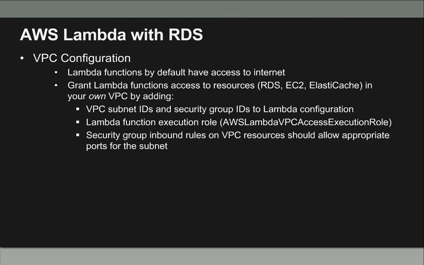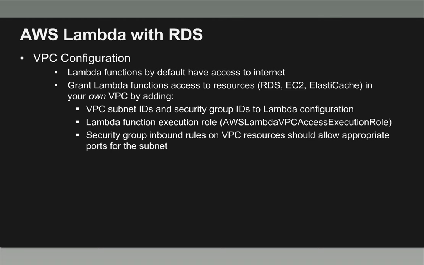However, when Lambda needs to talk to resources within your VPC, let's say, for example, an RDS database, EC2 instance, or an ElastiCache resource, you need to set some configuration. Some of the key configuration required are setting up the appropriate VPC subnet IDs and the security group for your Lambda configuration. I'll show that in a minute when we walk through the demo.